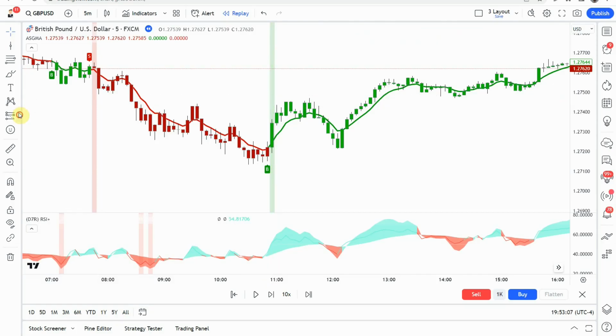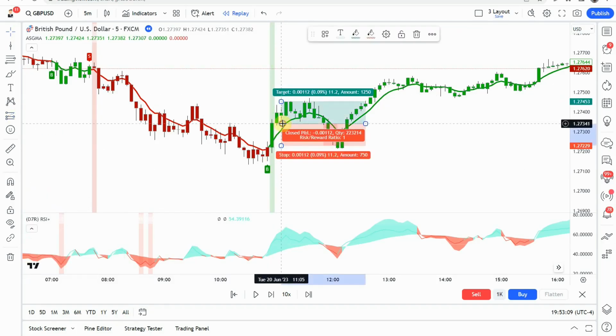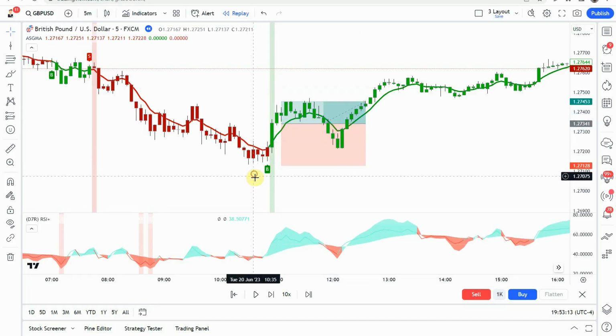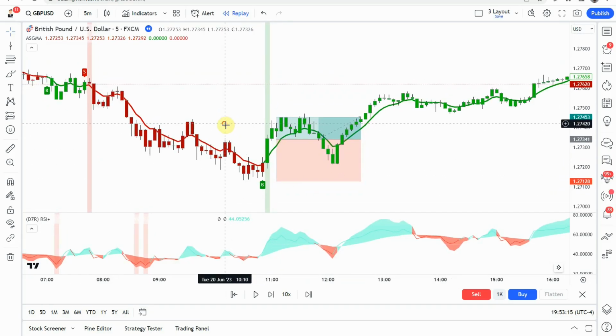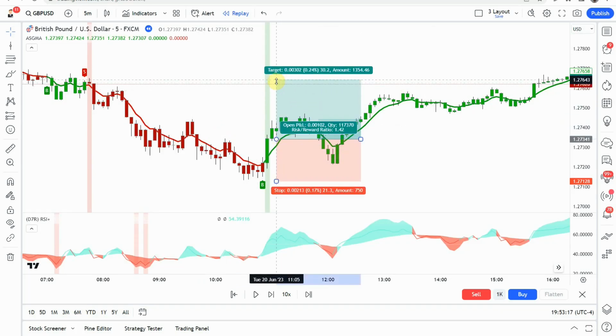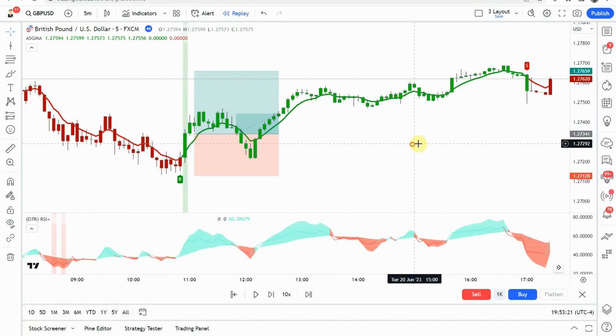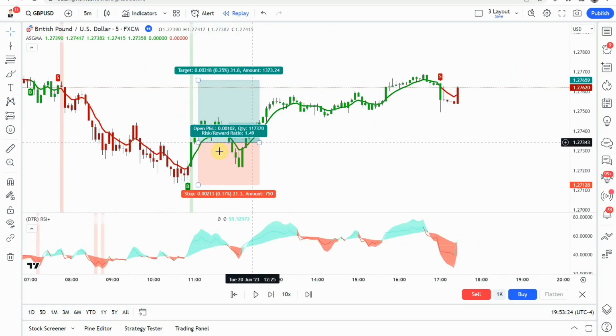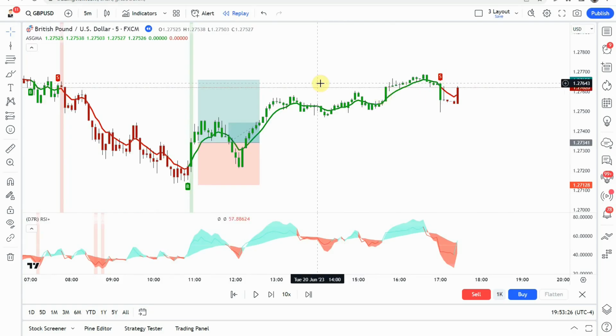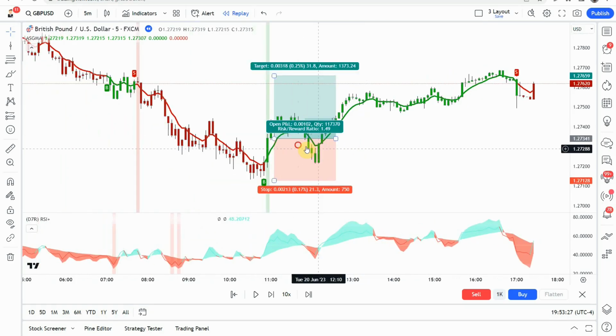We would then set the long position right here. We would target right below our last swing low for the stop, and then a 1.5 take profit, which sets us about right there. You can see that we get a push to the upside, which would have gotten us to our take profit as well.